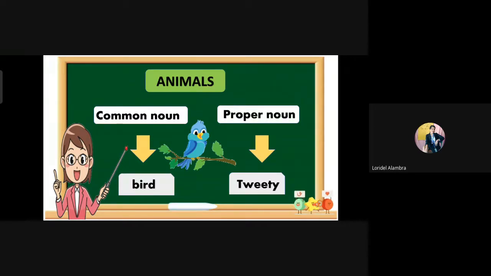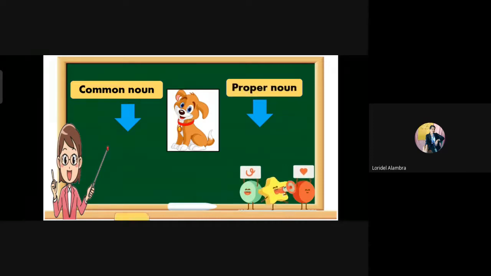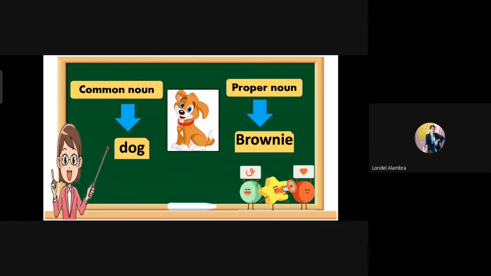So again, what animals did you see in the picture? Very good. Bird. So next is the common noun is dog and the proper noun is Brownie.